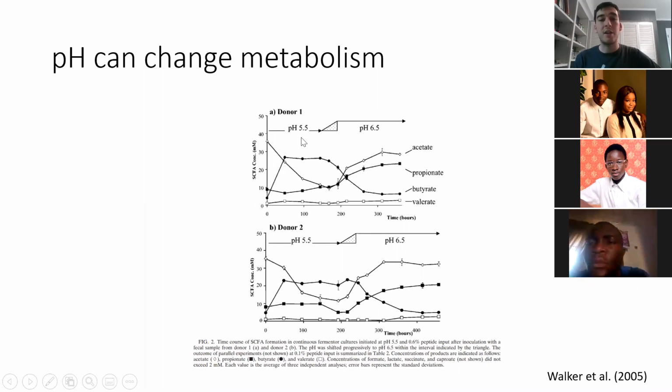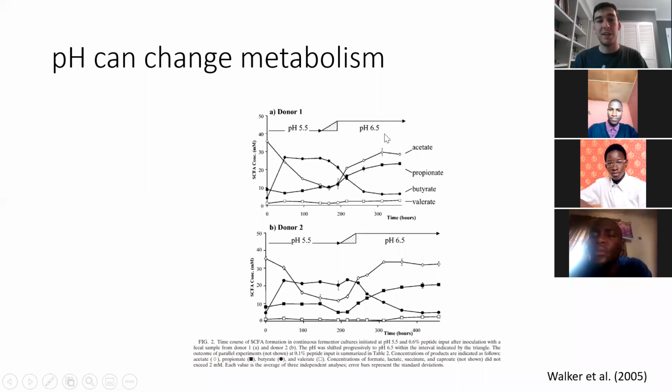Either they started at a relatively low pH of 5.5 and moved it up to a relatively high pH of 6.5, not high, but relatively high, so 7 is neutral. In another part of the experiment, I think they did the opposite. But here they just show this happening for 2 donors.